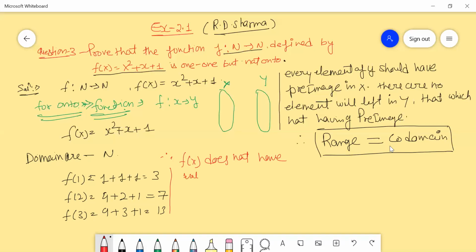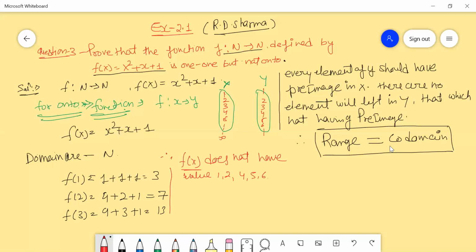value 1, 2 and 4, 5 and 6, right? So f(x) is a function. We have a given function whose domain is the natural numbers 1, 2, 3, 4, 5, 6 and infinite, and the codomain is also the natural numbers 1, 2, 3, 4, 5, 6.